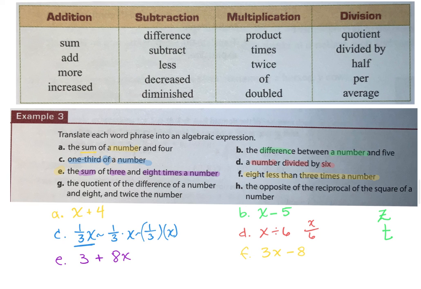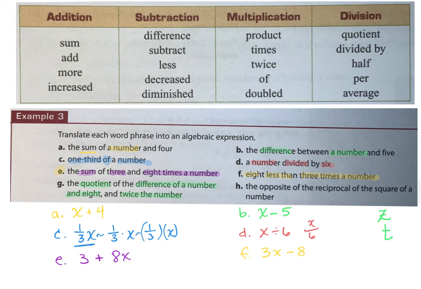When it's like that, you are going to assume order of operations, that the 8 times the number is grouped together and the sum is going to be separated. But in this case, they said the quotient of the difference of a number and 8, that's going to be my numerator. Twice the number, that's going to be my denominator. Okay? And so when we write this one is a little bit different than the one above it. The quotient piece is talking about the difference of a number and 8, and twice the number.